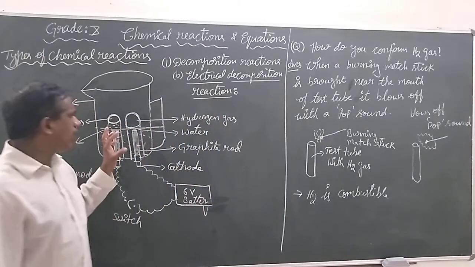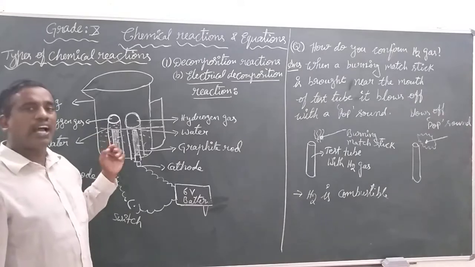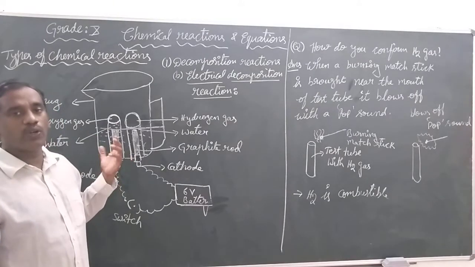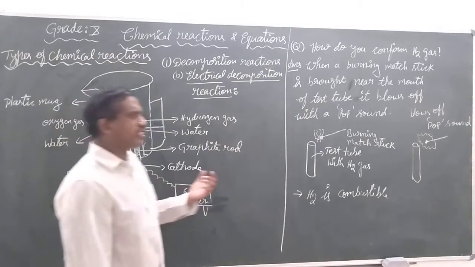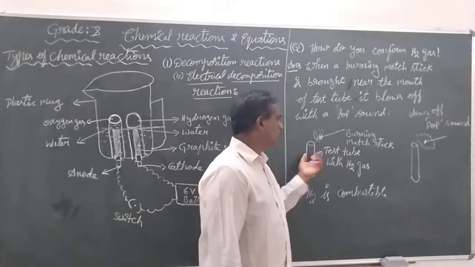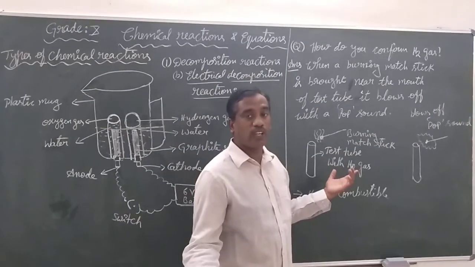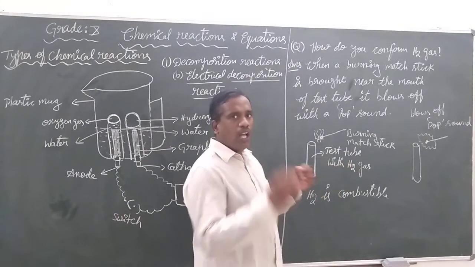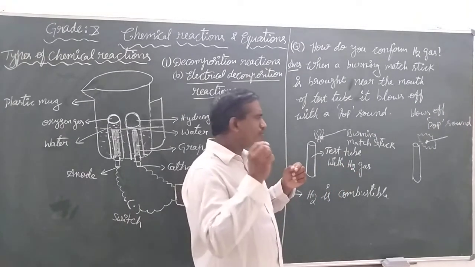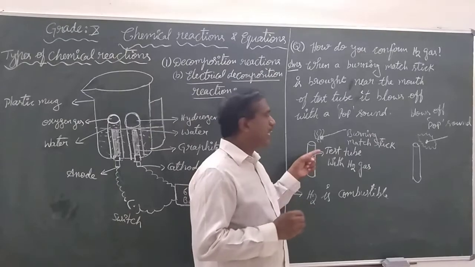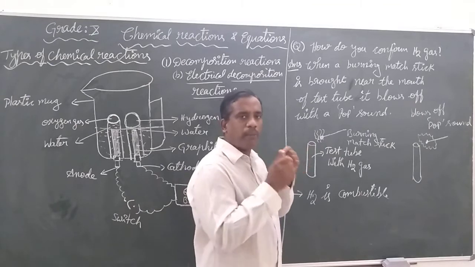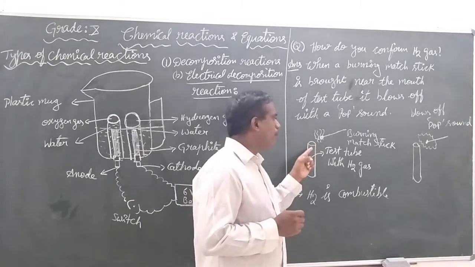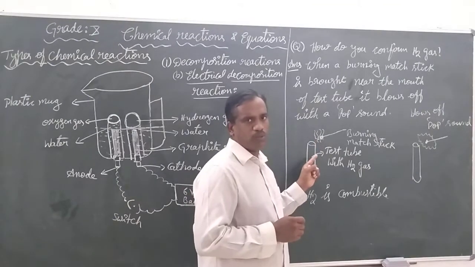In any of the test tubes, some gas was there. We don't know what gas that is. Then we can imagine that the test tube is having some hydrogen gas for our imagination purpose. When we bring a burning matchstick near the mouth of the test tube, we burn a matchstick and bring it near the mouth of the test tube.